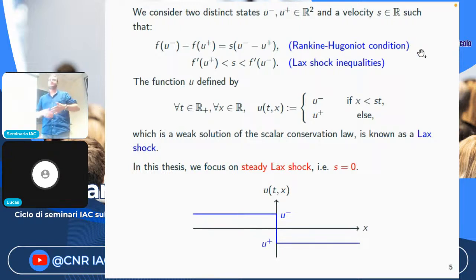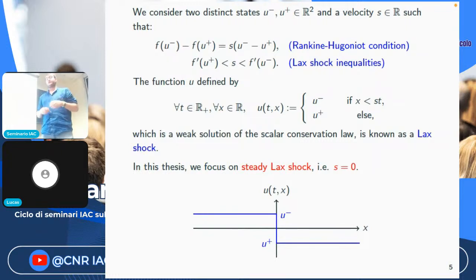Most of the time, you need to add some additional entropy hypothesis for this solution to be the physically relevant one. Here we introduce the Lax shock condition. If you think about it, this Lax shock condition is essentially saying that the characteristics are entering the shock, a little bit like we saw before. Essentially, you're traveling towards the shock.